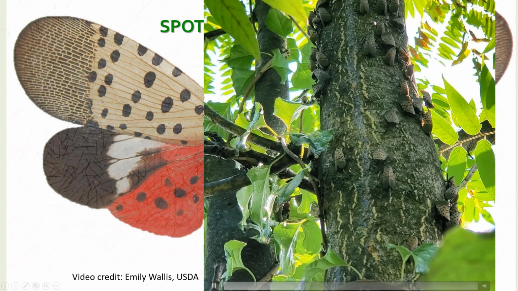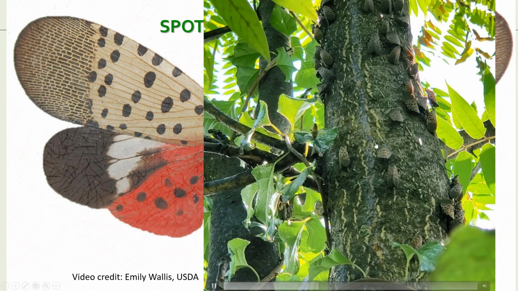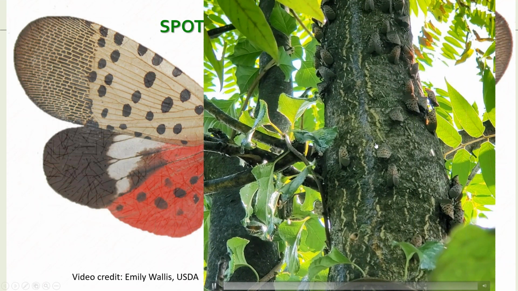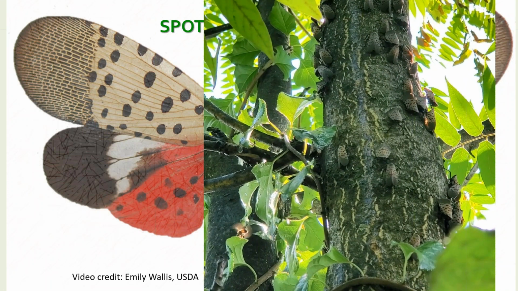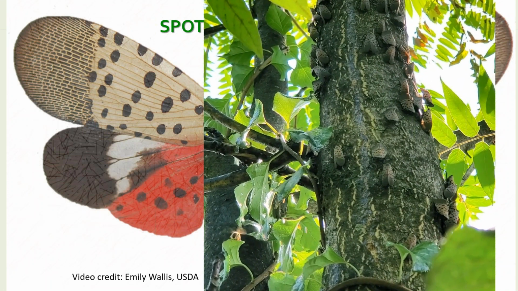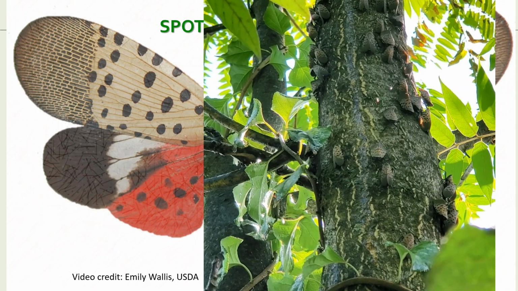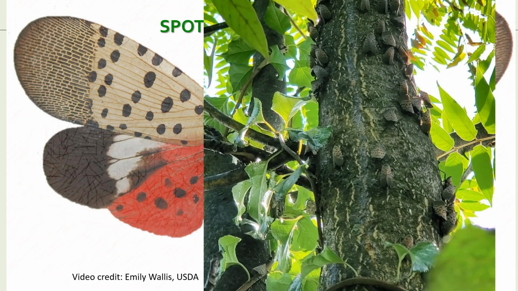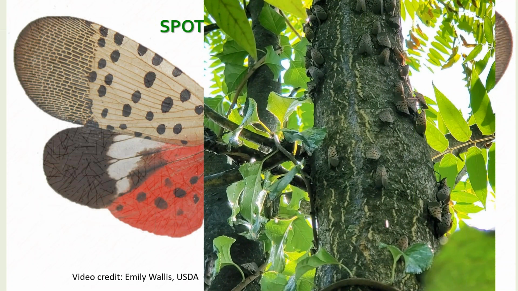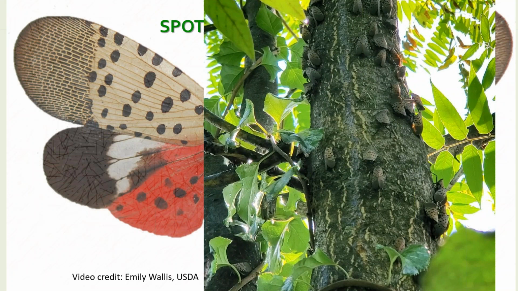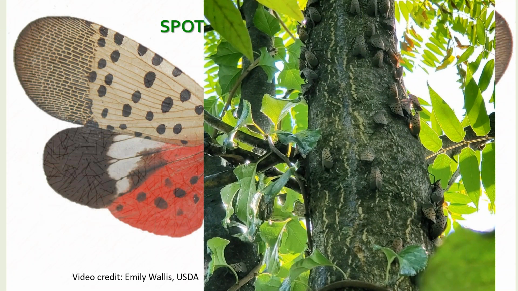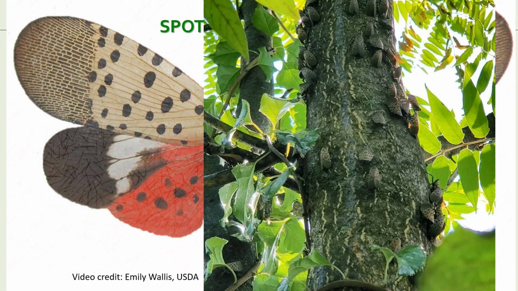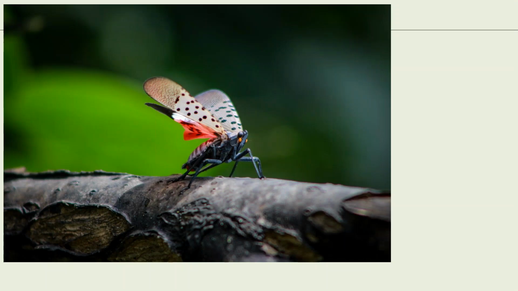So there you can see the honeydew falling down. All right, so that's pretty scary stuff so far.